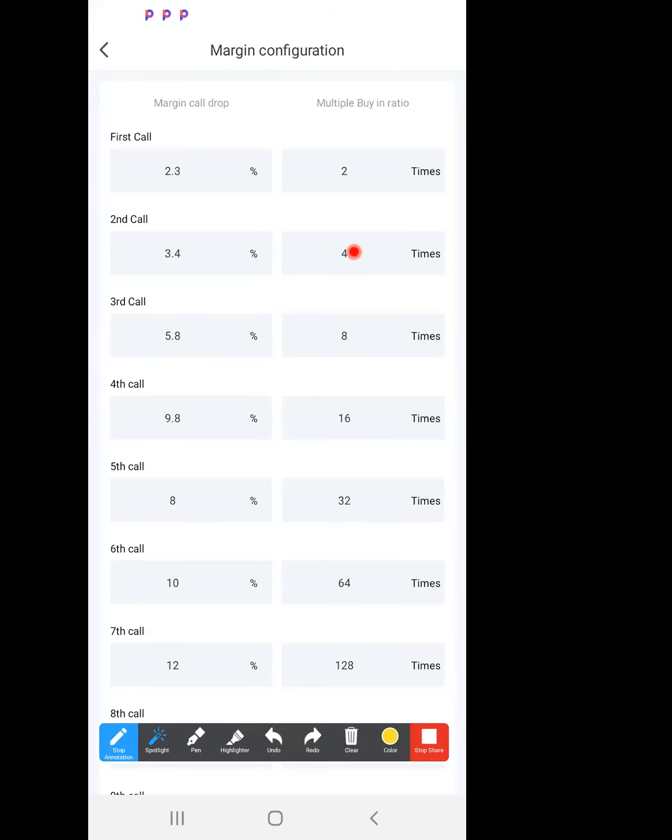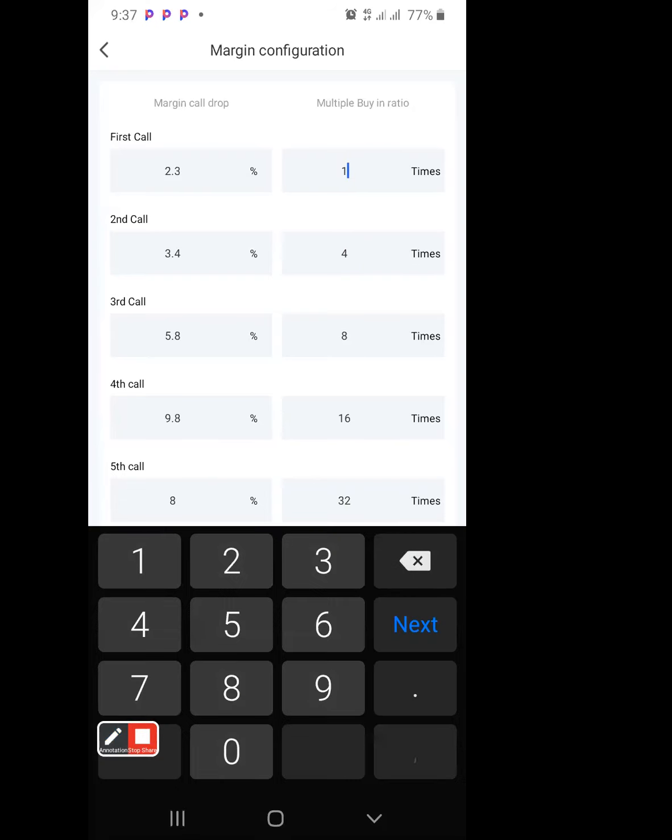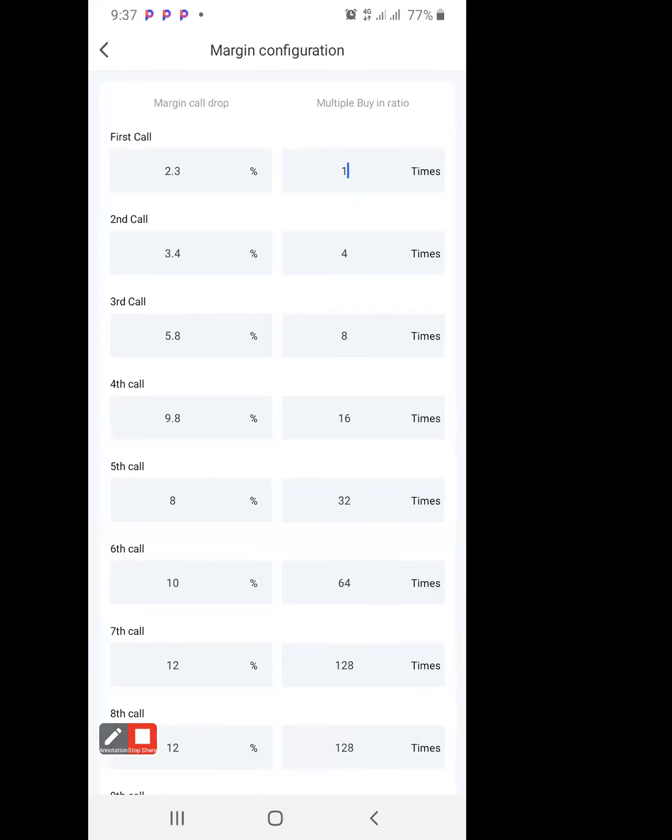For example, if you want to budget $100 for each coin, here you should be putting 1 or less than 1 if possible, so that it won't buy in excess for you, and at the end of the day all your balance will be exhausted. You don't want that to happen. But later we'll discuss strategies. There are many strategies, unlimited strategies. There is no 100% strategy. You just have the chance to change your strategy at any time you want.